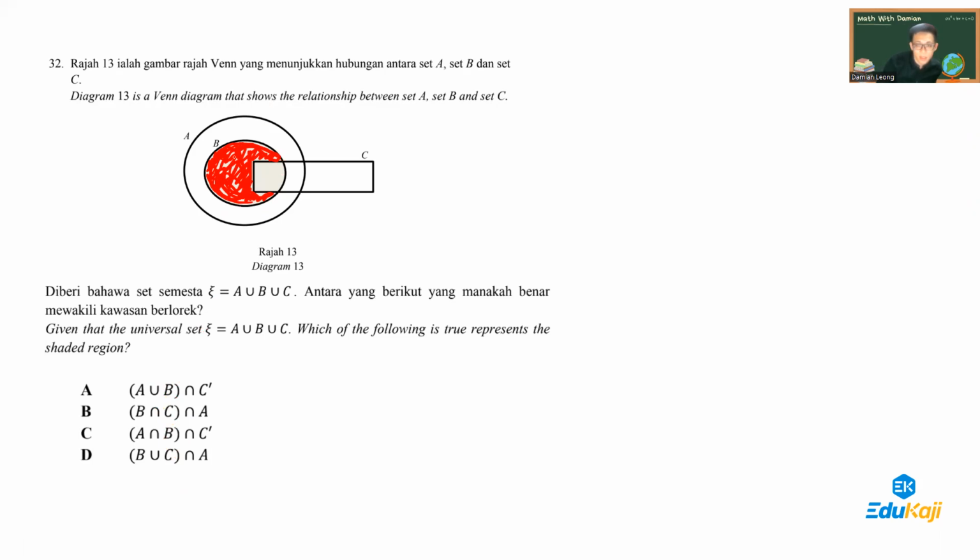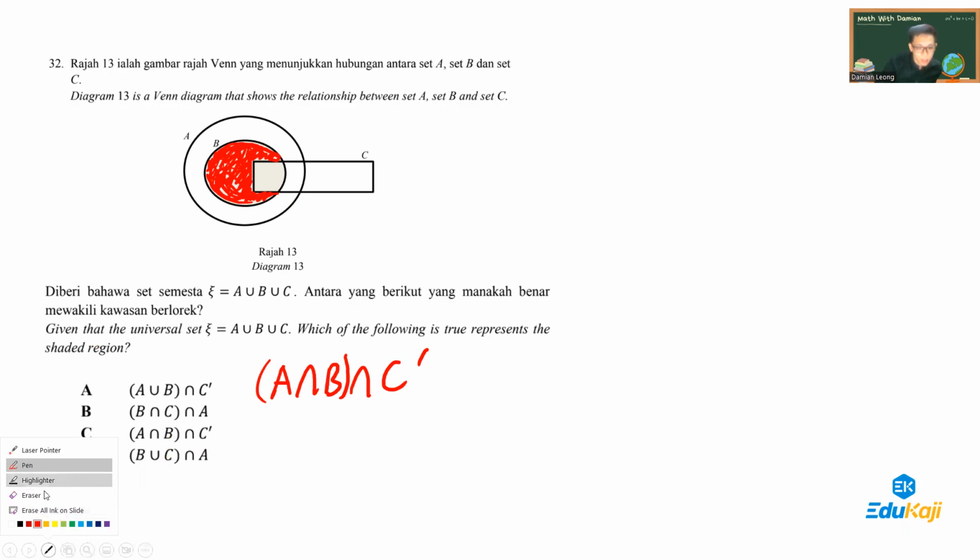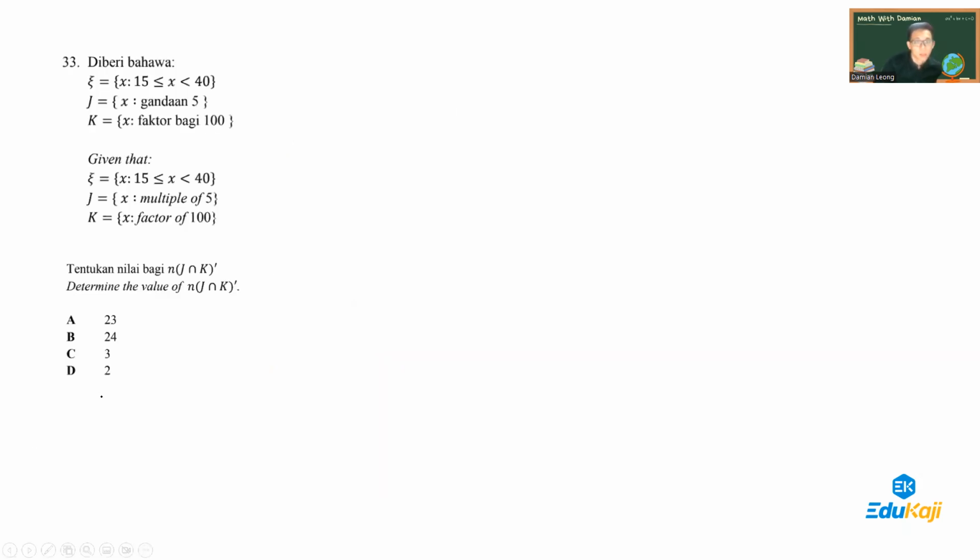So it should be just like this, which is inside of B, which is also inside of A. So we can take A intersect B, and it's outside of C. Outside of C means C complement. So both of these at once, that's why it's C. A intersect B intersect C complement. Answer C.